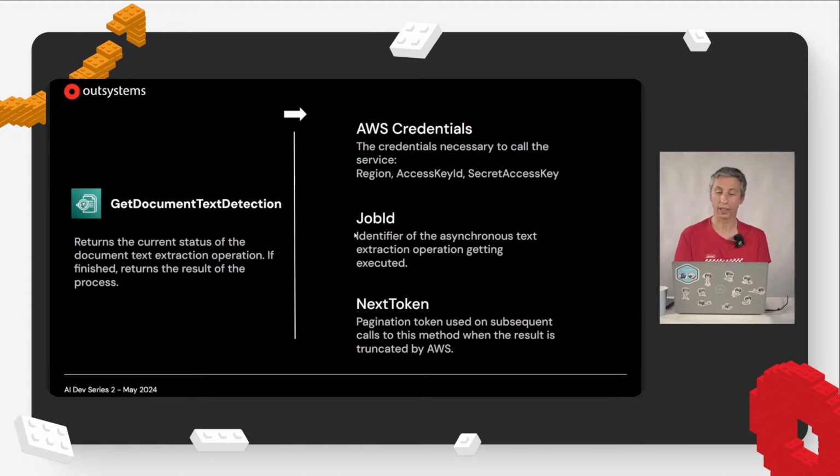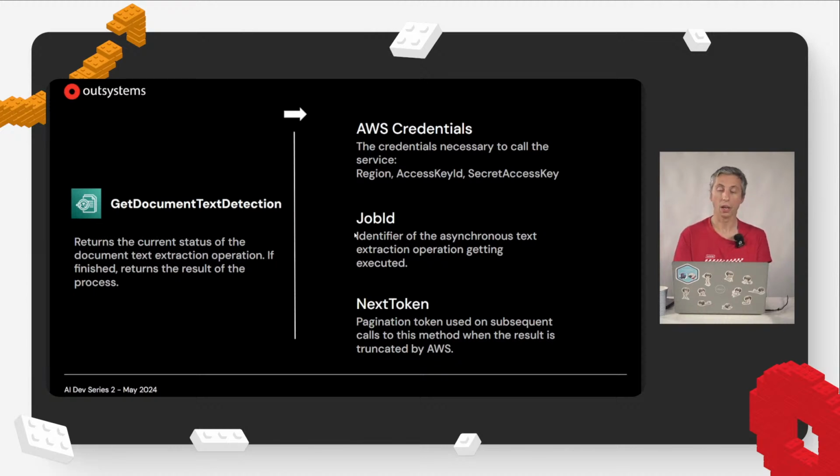Now this block type will give us the information of what that block is: if it is a page, a line, or a word. Typically words are inside lines, right? So if you want, you can get all of the text that is in one line, but you can also get word by word.